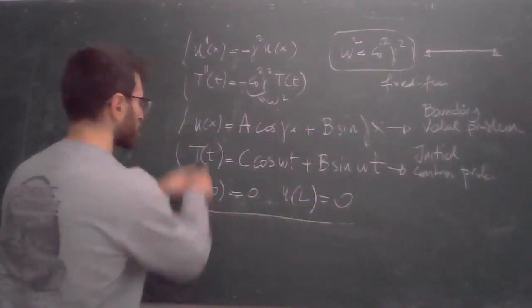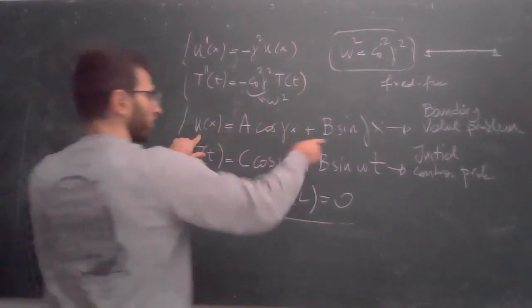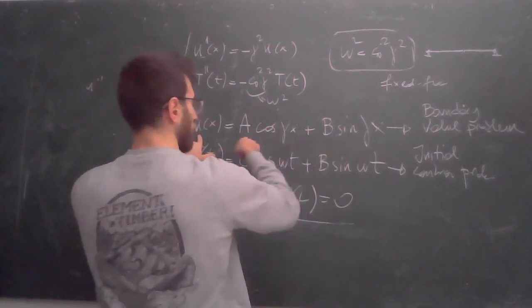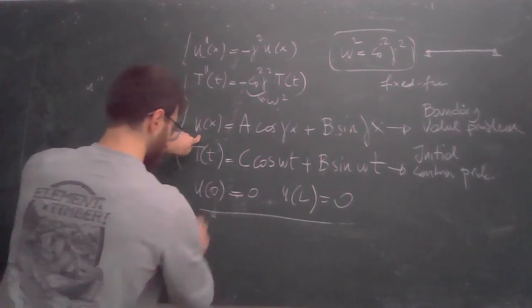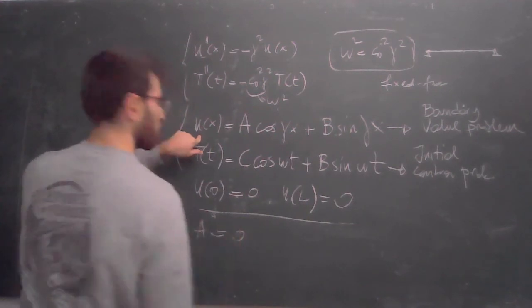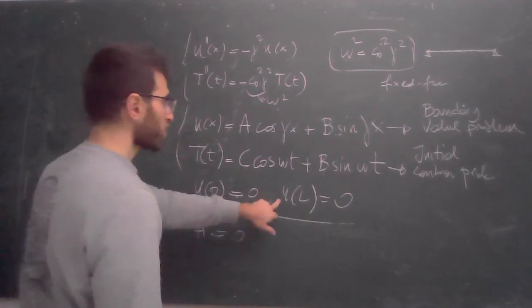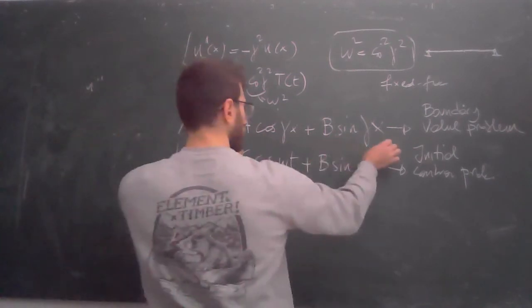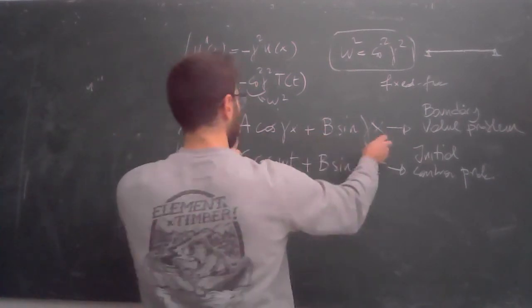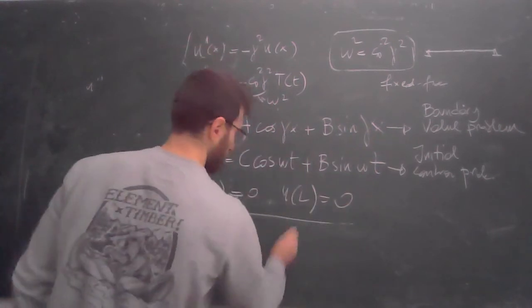If we estimate u at 0, we have sine of 0 is 0, cosine is 1, so we have A equals 0. Substituting in what remains, it's just the sine, so sine of gamma L is equal to 0.